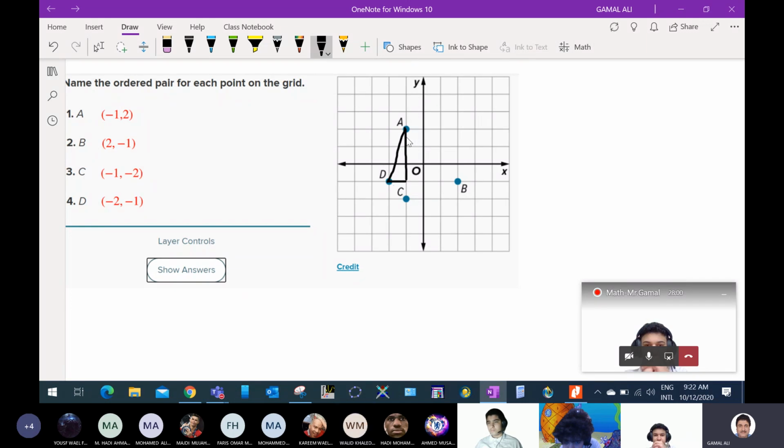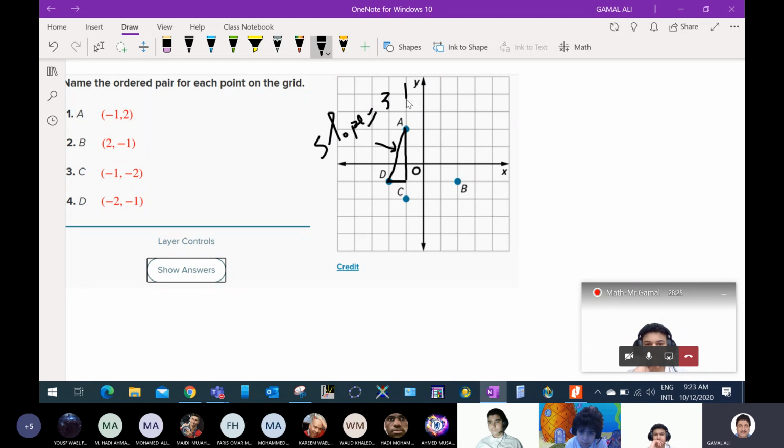It is positive. So count 1, 2, 3 over 1. So the slope of AD equals 3.